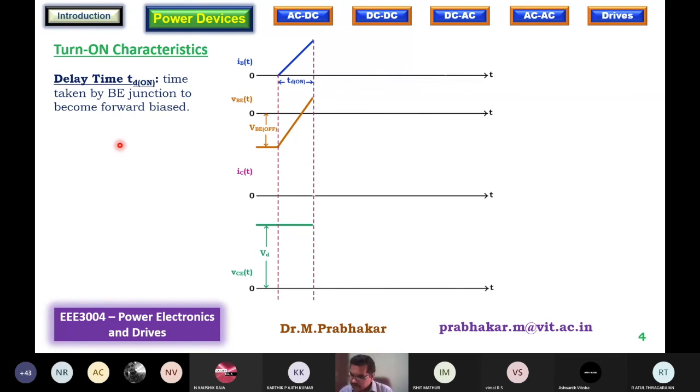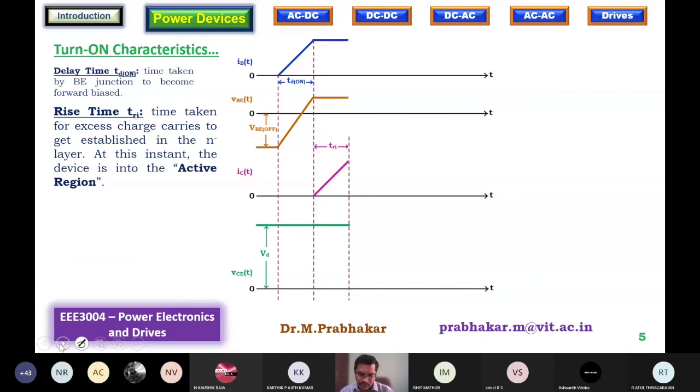Now, after this first time interval, you will have the second time duration, during which the base emitter junction is forward biased. Therefore, collector current can now start to grow. That is what is happening. The collector current begins to grow.